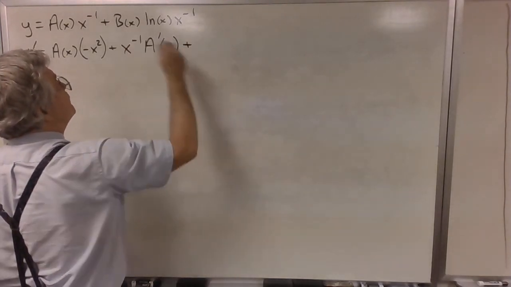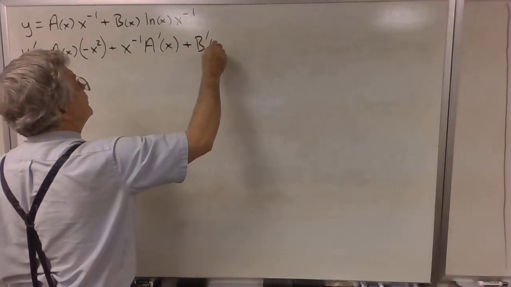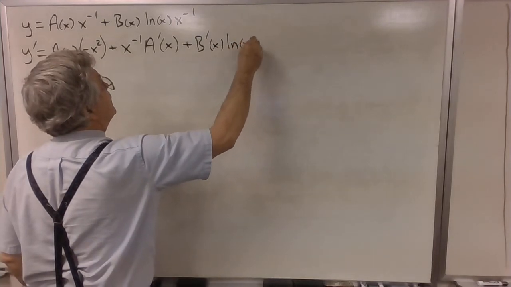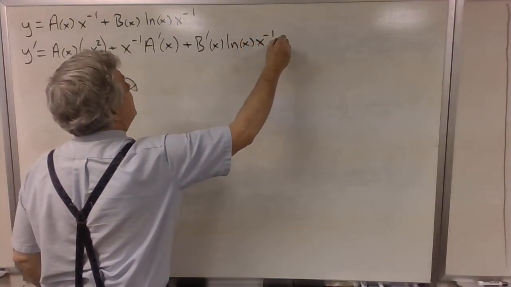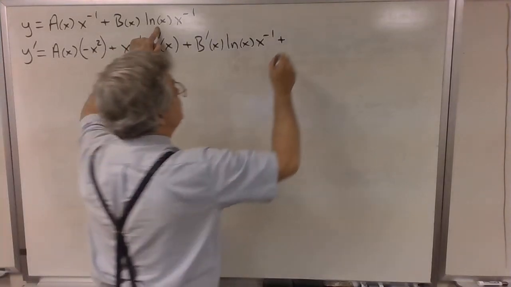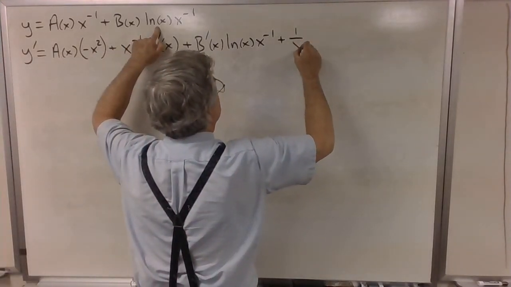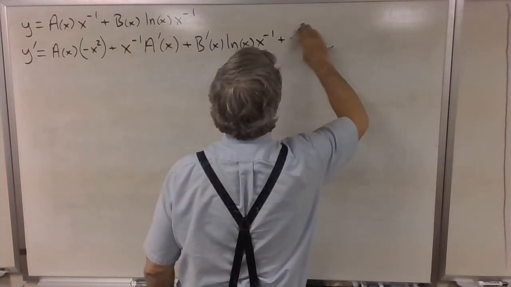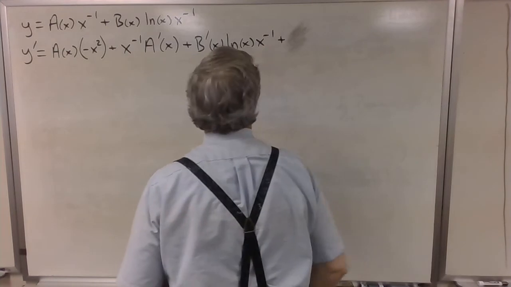So derivative of the first times the other two, plus derivative of the second times the other two. And tell you what, this is ugly.